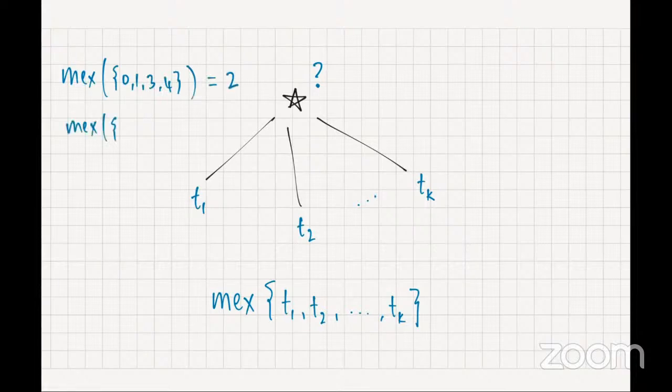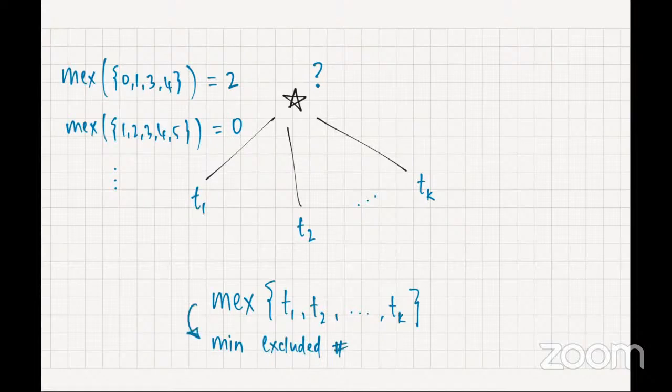And like I said, if the 0 is missing, then this is going to be 0, and so on and so forth. Now, of course, you could ask yourself, why do we want the mex? Mex stands for minimum excluded number. That's what it stands for.